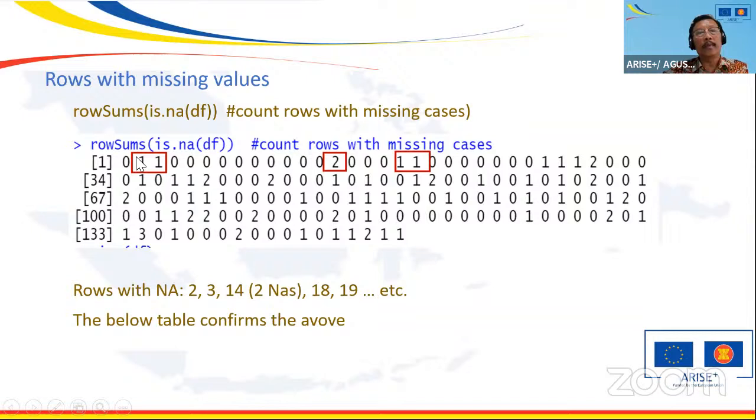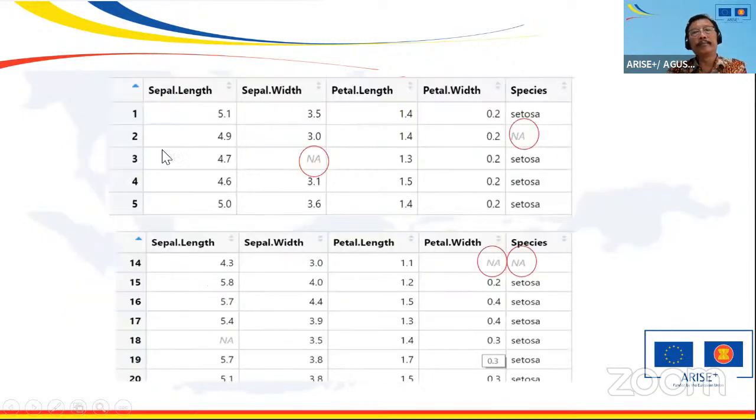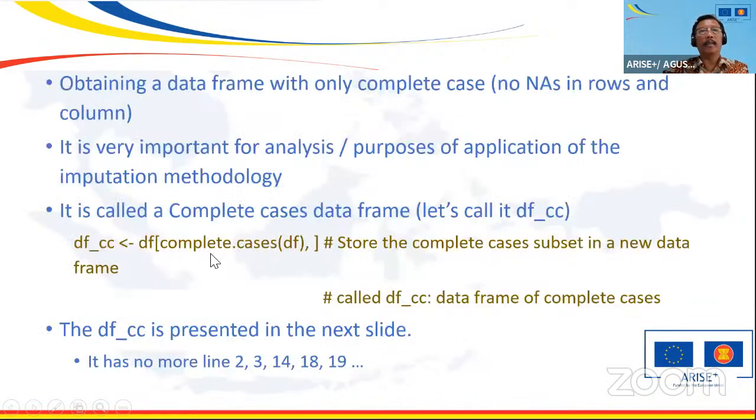In row 2 we have 1, row 3 we have 1. And this one, I don't know which row, has 2 NAs here. And here, another row, there are 3 NAs, something like that. Okay, you can read it. This is where the NAs are spread.